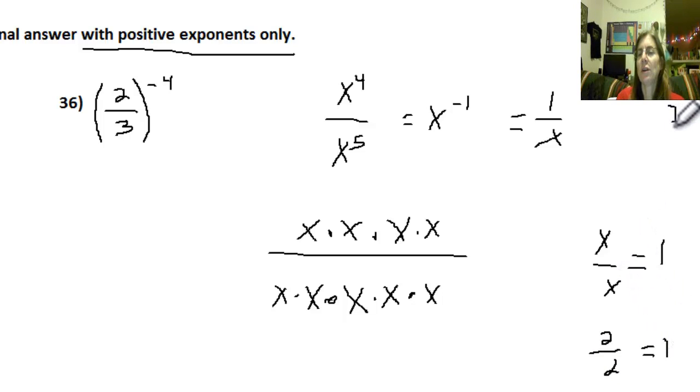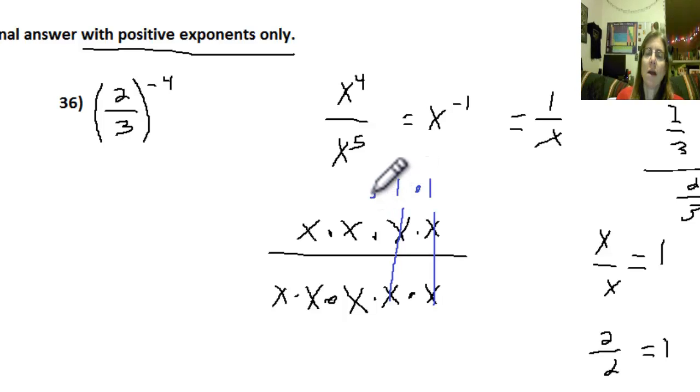Even if you had the same fraction over the same fraction, like 2/3 over 2/3, you still have 1. So each x over x is 1, times x over x, which is 1, times x over x, which is 1, times x over x, which is 1. That leaves 1 x in the bottom.